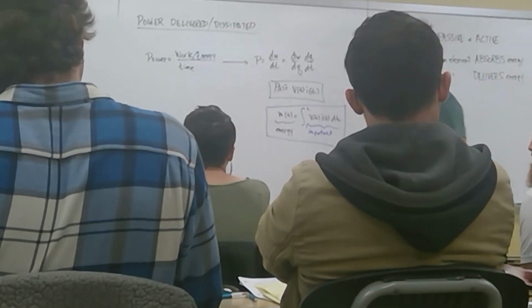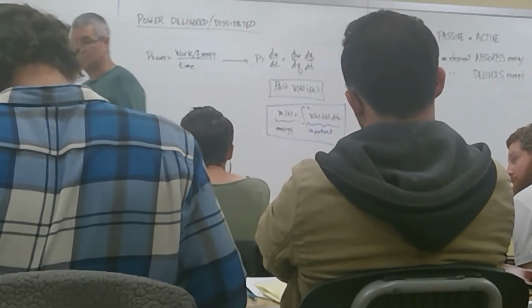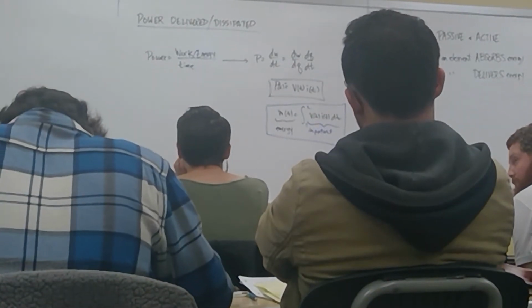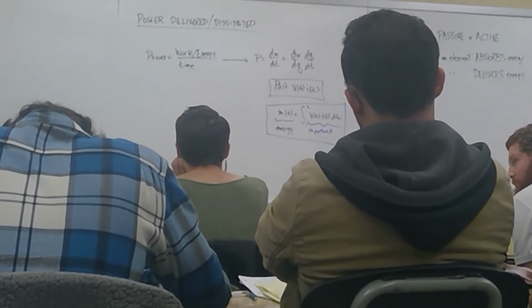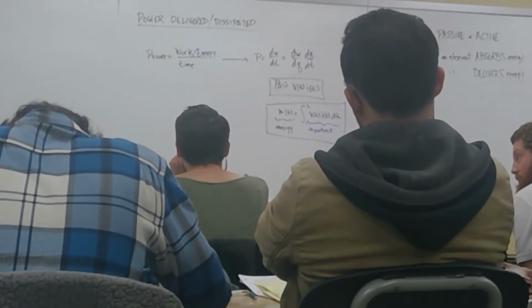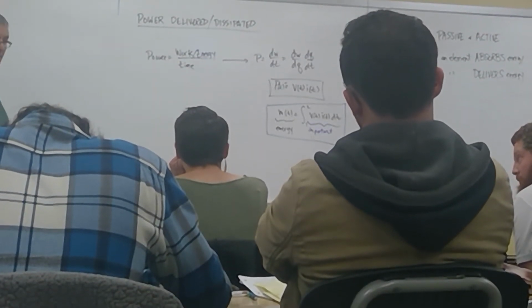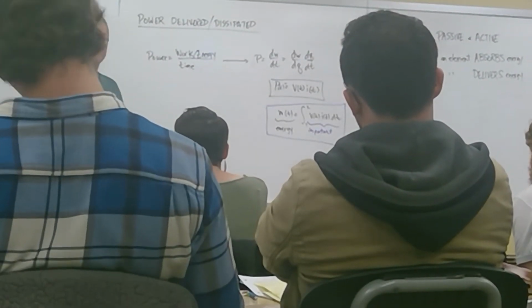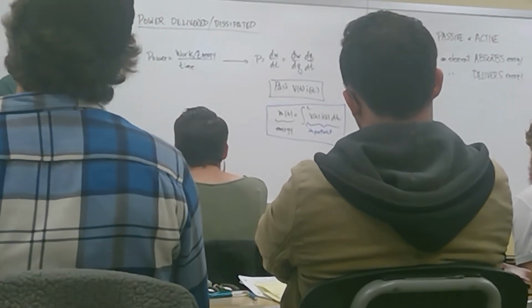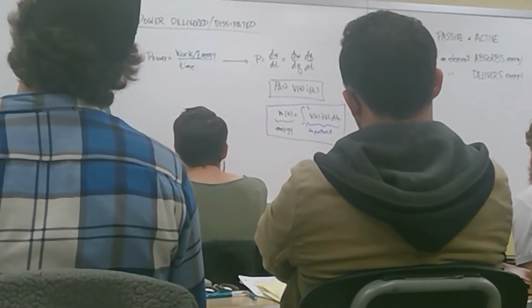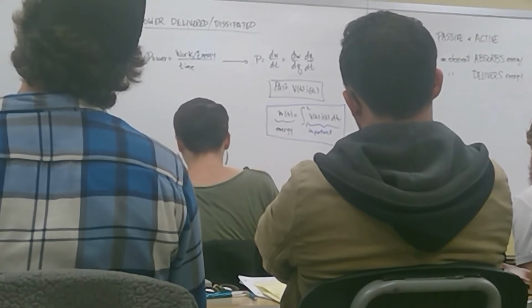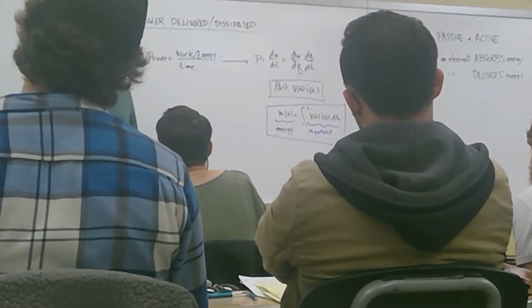Yes. When you say absorb, are you saying it distributes to the rest of the circuit? No, it just grabs some energy. Wouldn't it turn it into heat then? It does. It's not always heat, it could be other things.